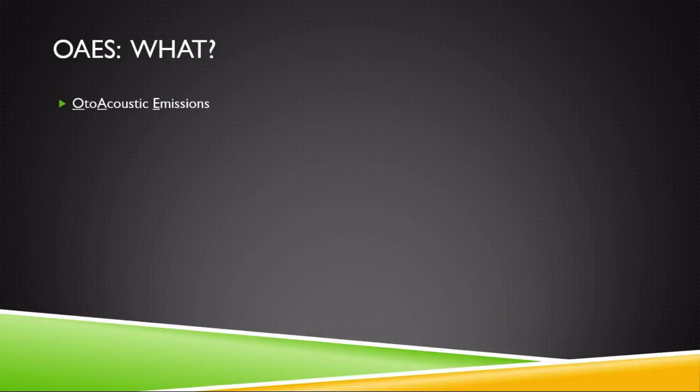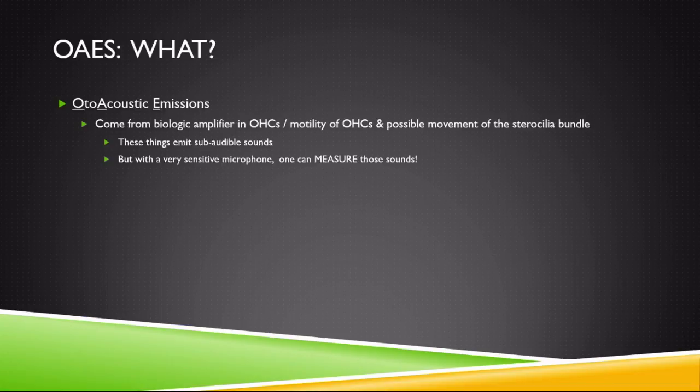So first, what are OAEs? OAE stands for otoacoustic emissions. OAEs come from the biologic amplifier in the outer hair cells. The outer hair cells are long and skinny, and they have muscle-type proteins in the sides of them, and they are motile, which means that the cells themselves, not the stereocilia on top, but the actual cells themselves, expand and contract.